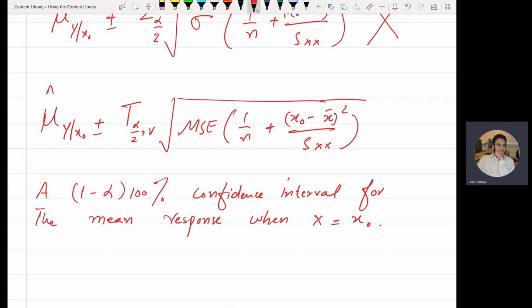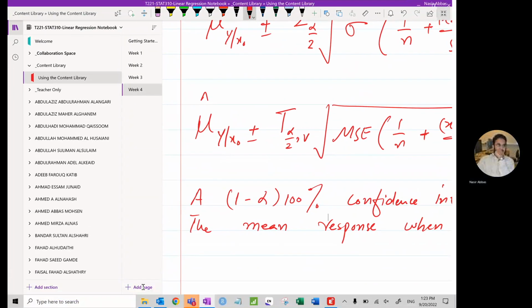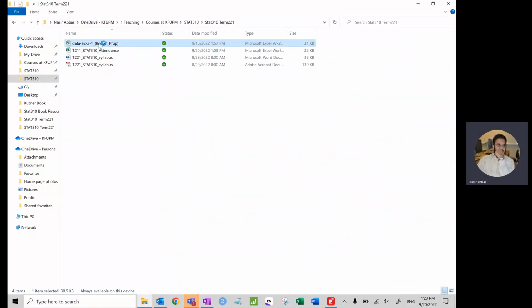Let us apply. So we were dealing with that example 2.1 from the start. Now in that example, what is y, what is x? For the propellant, it's the age of the propellant which is the predictor variable, and the strength of the propellant is the response variable y.